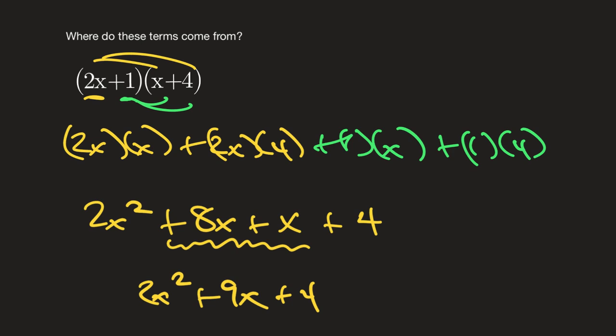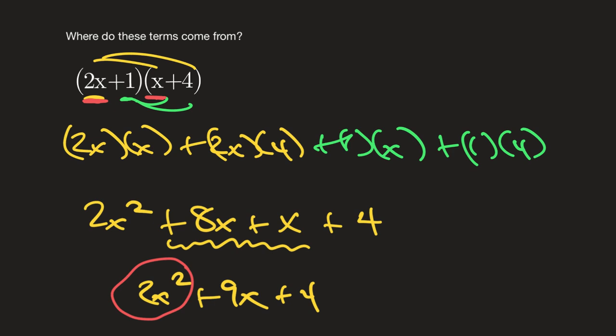Now, what's going to be very important about today is trying to draw an understanding of where this stuff came from. You see this 2x squared right here? Where did that come from? 2x times x. That 2x squared is a result of the very first two things in those parentheses, 2x and the x.